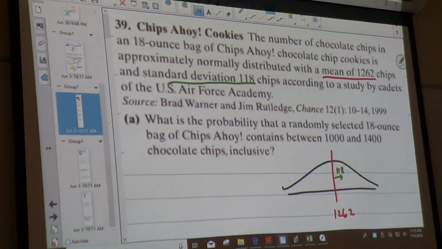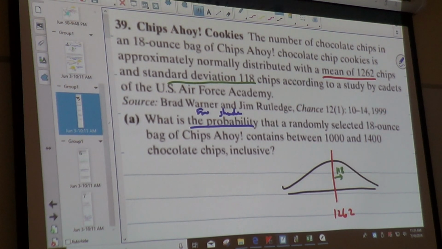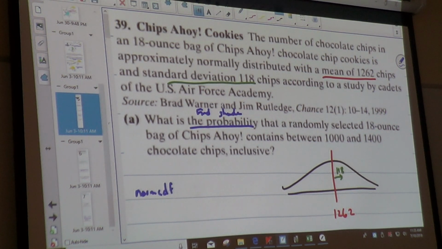If it says what is the percent or what is the probability, that means we're trying to find shade. Which means we're going to be doing what kind of problem? A normal. Now, our data points are 1,000 and 1,400. So we're going from 1,000 to 1,400. That's where our shade is going to lie.